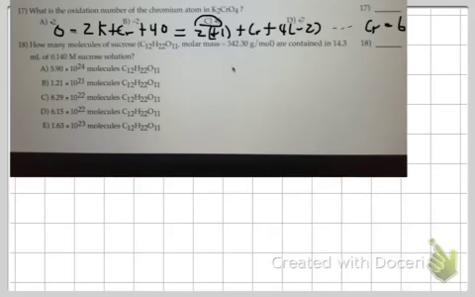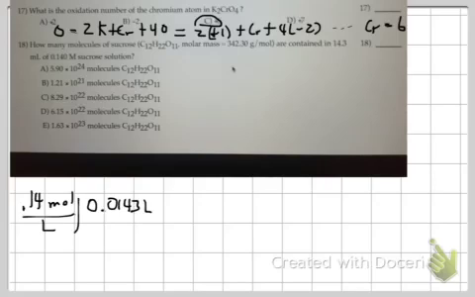How many molecules of sucrose do they have in 14.3 milliliters of 1.14 molar? Okay, let's start out with 1.14 moles per liter times how many liters we have? 0.0143 liters.